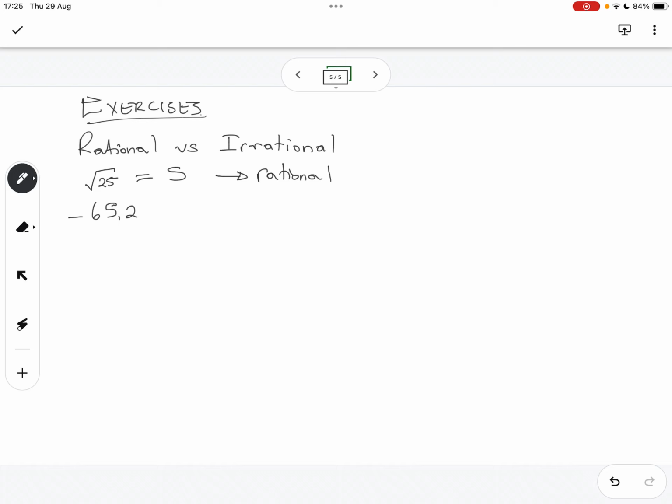Rational means it can be either an integer or it can be a fraction that's terminating or a fraction that has recurring decimals. That's what rational means. Okay, so negative 65.2. It's rational. Okay, so it's rational.